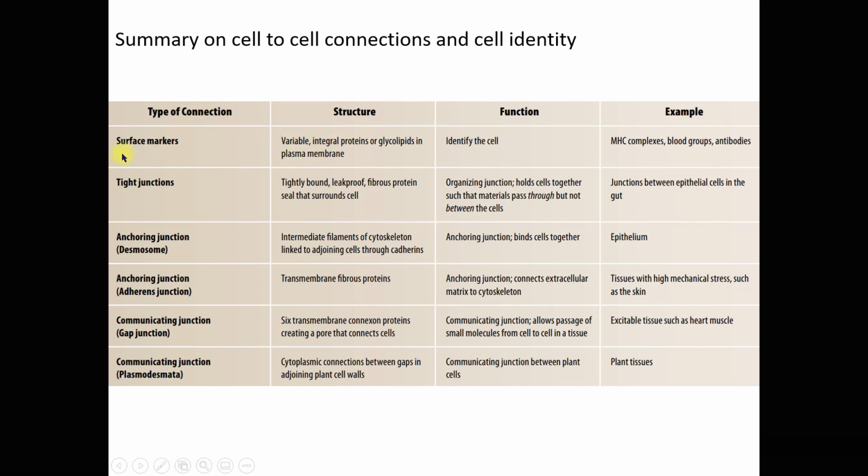Okay, so surface markers, tight junctions, desmosome, right, and all this like what we have discussed initially before. All right, this is their structure, function, and example. Okay, now I'm not going to further discuss about this since we have discussed it already, right? I just want to highlight on this MHC complex. Now, MHC complex is the glycoprotein found on the surface of our cell.